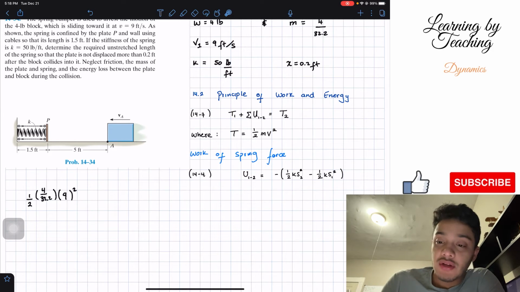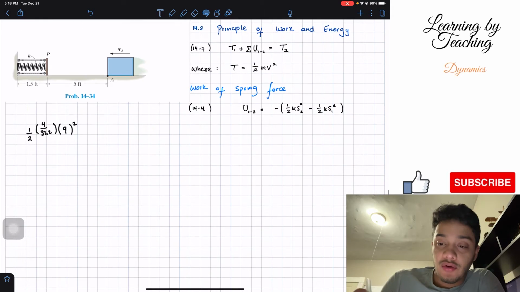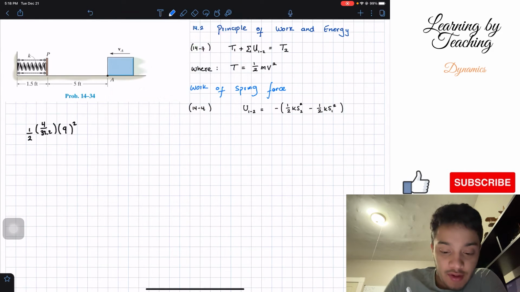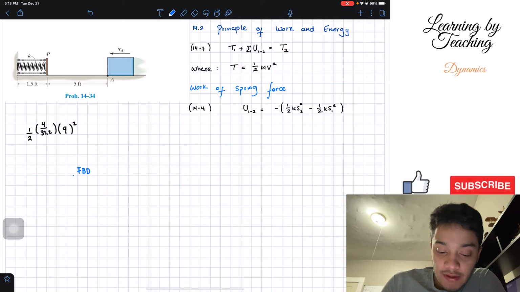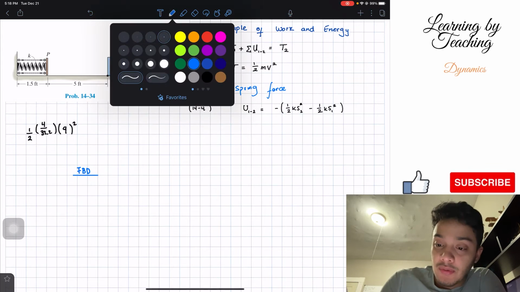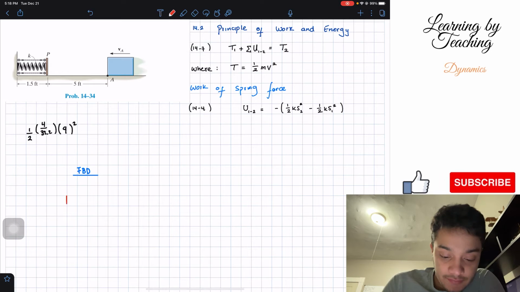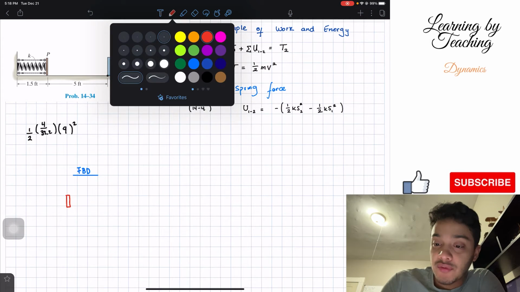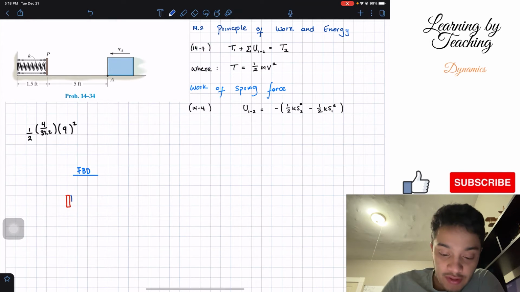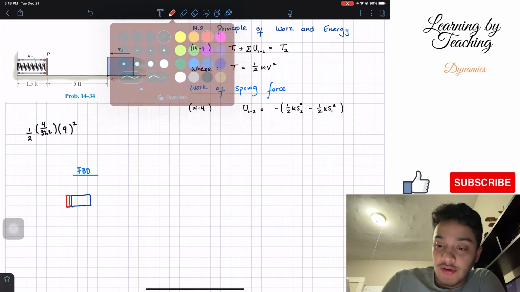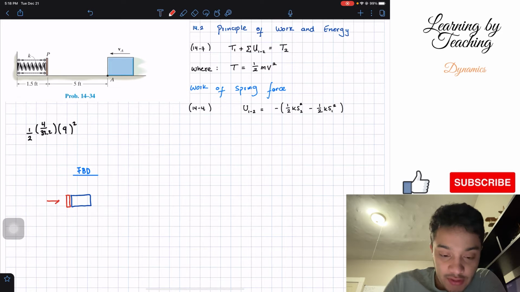So let's draw a free body diagram at the time of the collision. We have a small free body diagram. We will have our plate being pushed by our block A. Therefore, we will have a force coming in this direction, which will be the force of the spring.